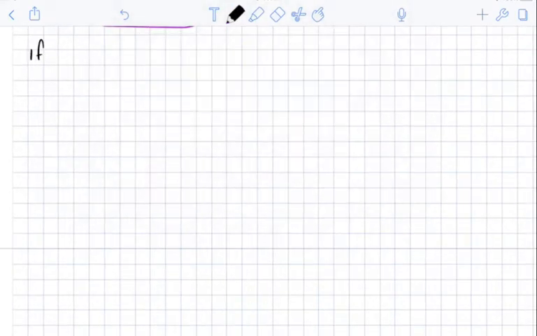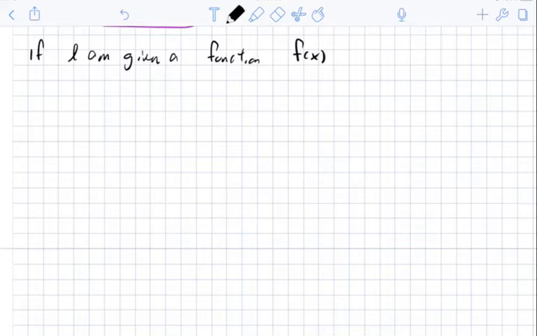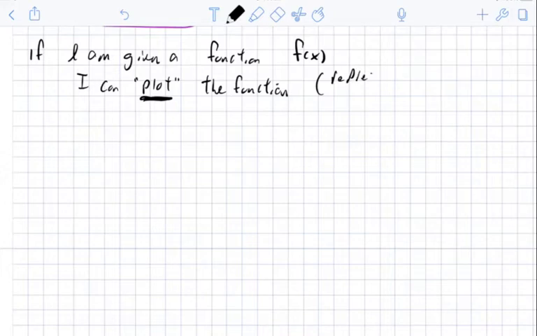If I am given a function f of x, so x is the input and the f of x represents the output value, I can plot, which means represent with a line or some dots, the function, which means represent the function on the Cartesian plane.